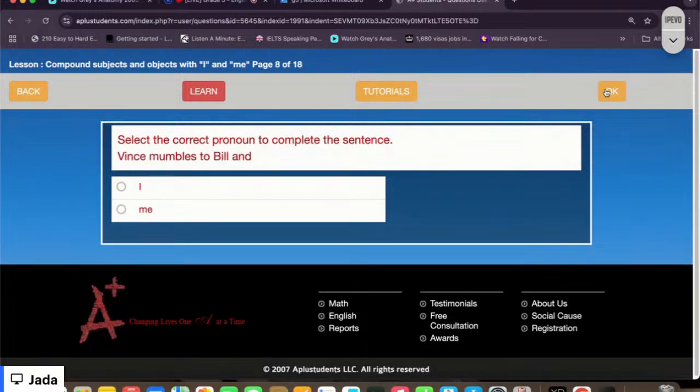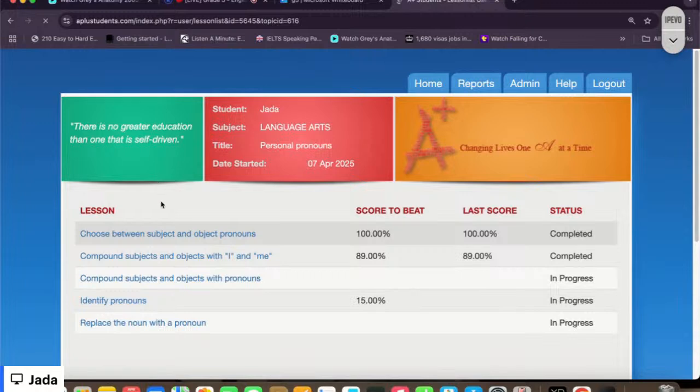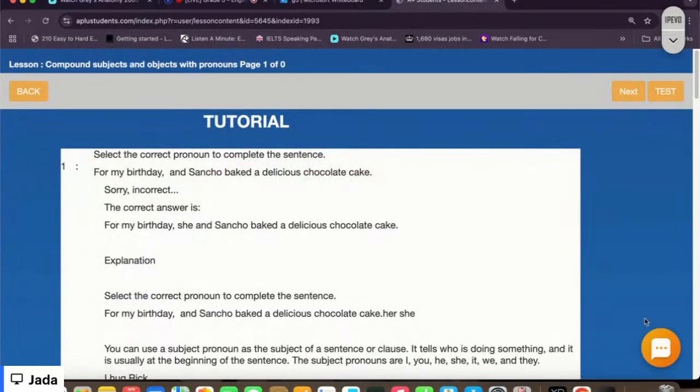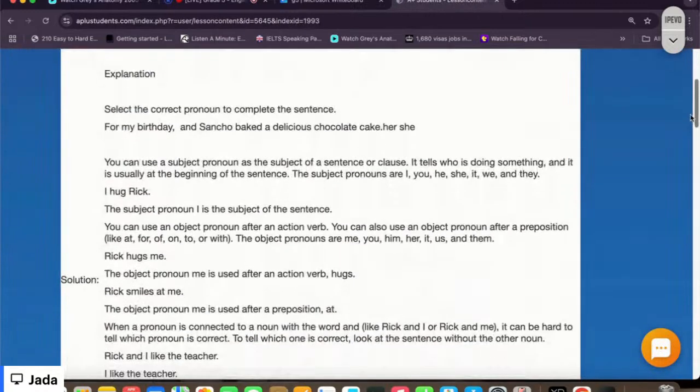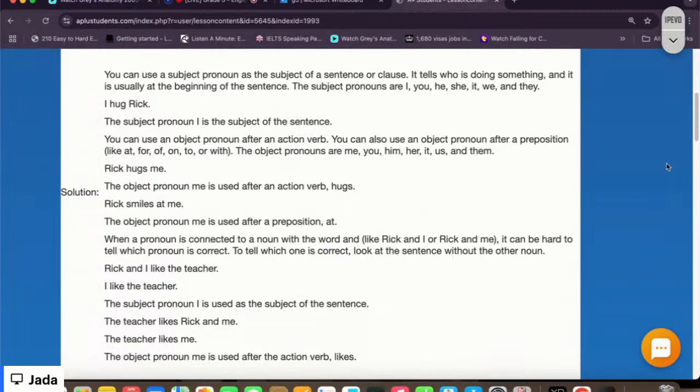We will move on to the last lesson that we will complete under this chapter today. We have compound subjects and objects with pronouns. We already know everything about the subject pronoun, which is I, and the object pronoun, which is me, or you, him, her, it, us, and them.